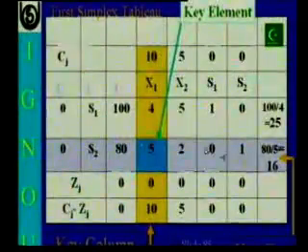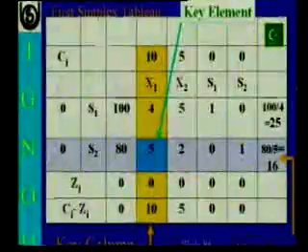Now we have taken the simplified form of the simplex table, and this is the objective function Cj. These are the initial contributions, these are the slack variables, and these are the total numbers available. So these are the coefficients of the first constraint, this is the second constraint, and we have put 1. This is our identity matrix, this is our body matrix, and this comes the first simplex tableau.